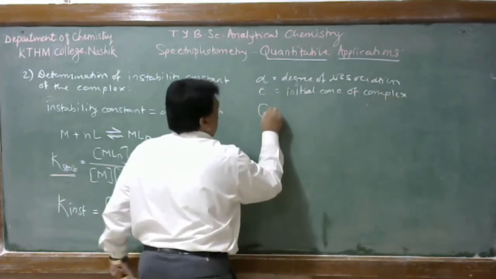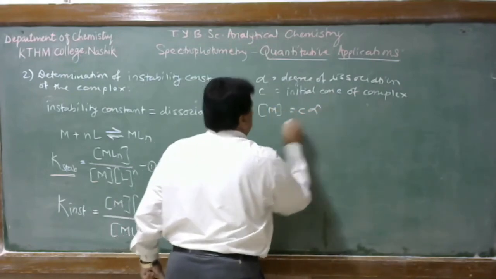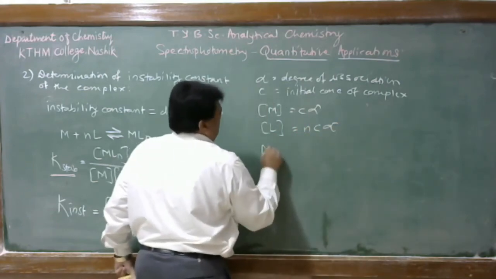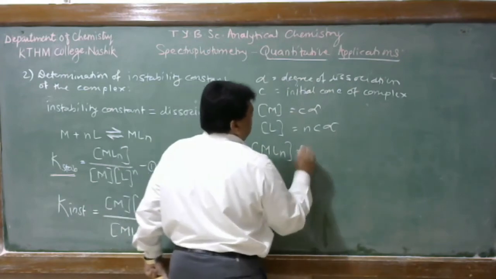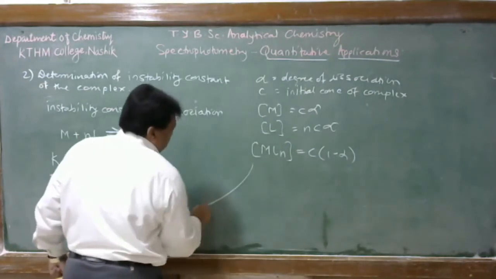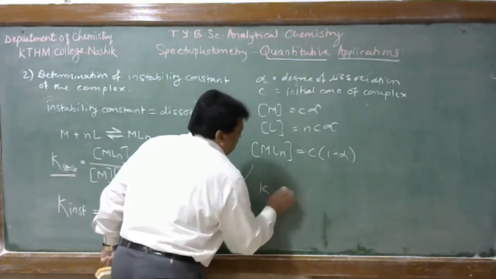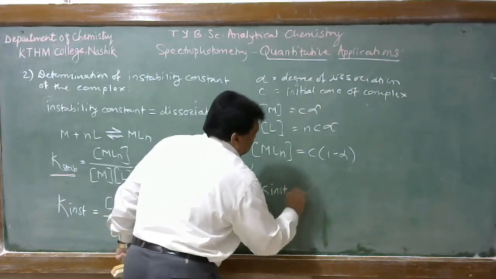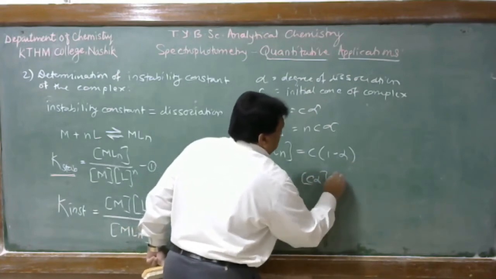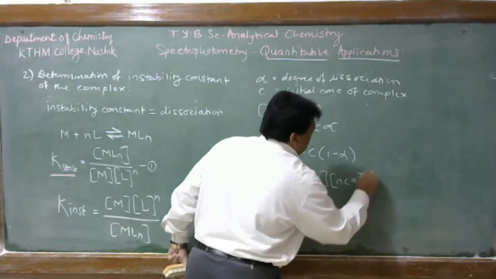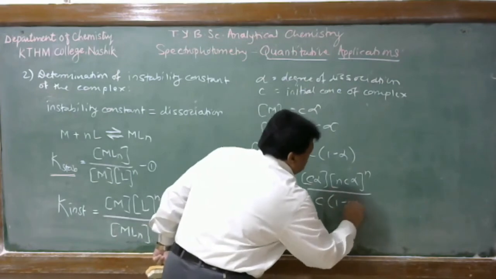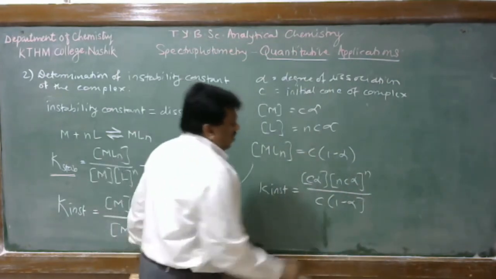Then we have metal ion concentration equal to C into alpha, ligand concentration equal to nC into alpha, and metal complex concentration is C into 1 minus alpha. If we put these values in this equation, then K instability is equal to C alpha into nC alpha raised to n upon C into 1 minus alpha. That is the instability constant.